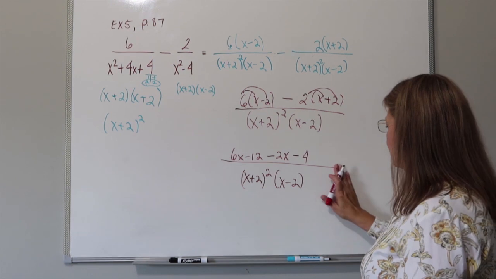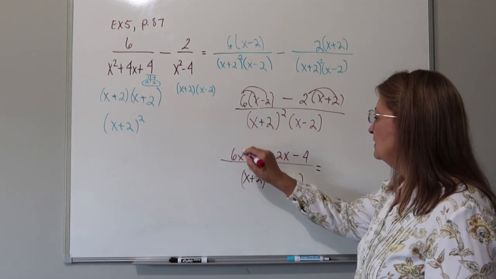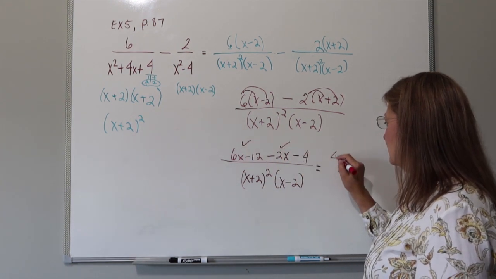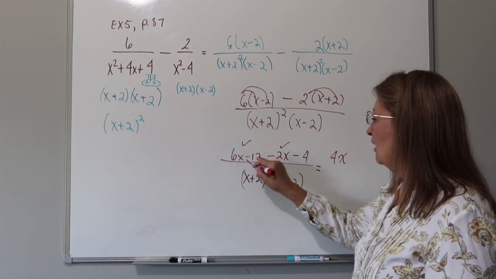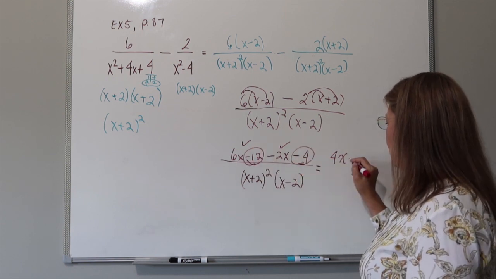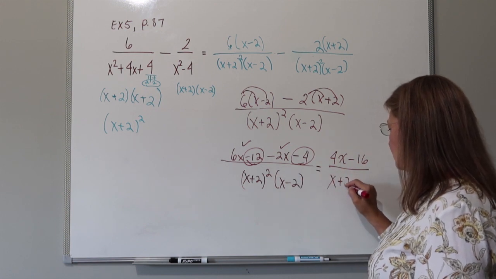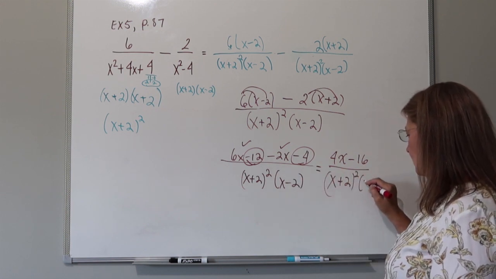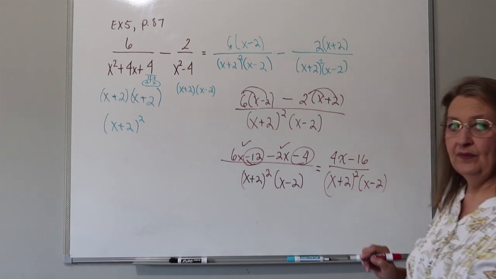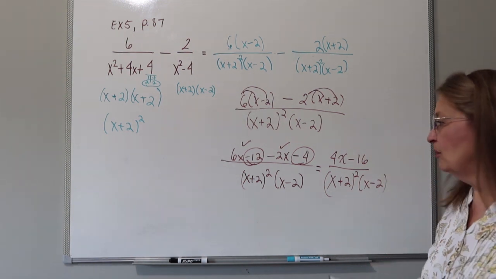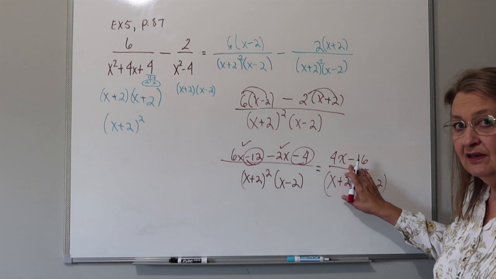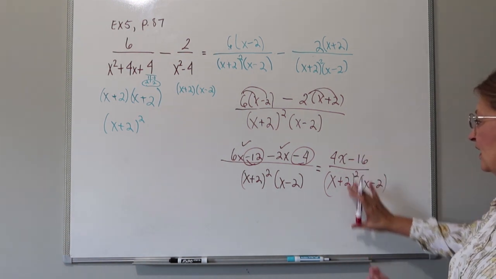Okay, so let's combine. 6x minus 2x is 4x. Now a minus 12 and a minus 4 gives me minus 16, all over x plus 2 squared times x minus 2. And just like in the last example, I do need to factor this and see if I can cancel.